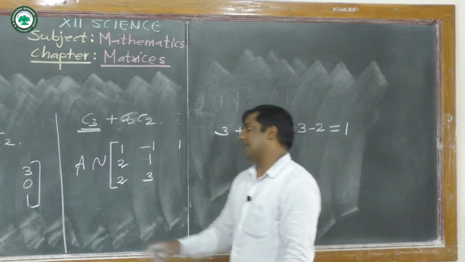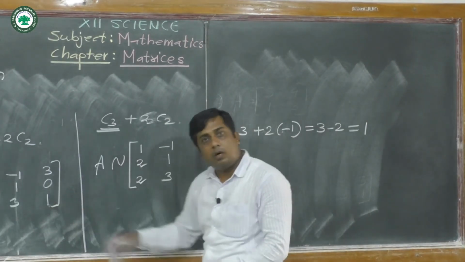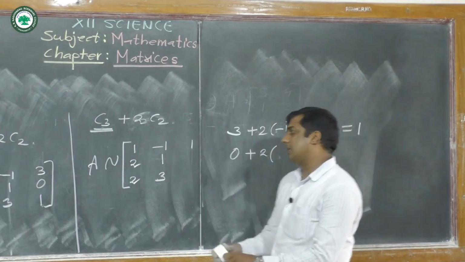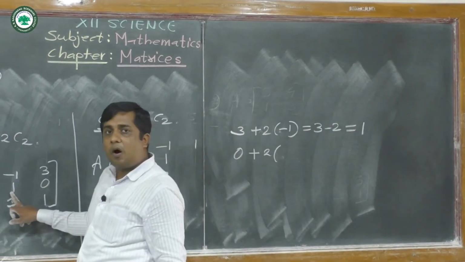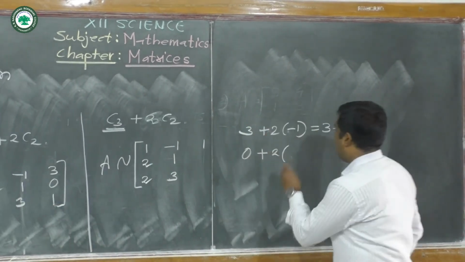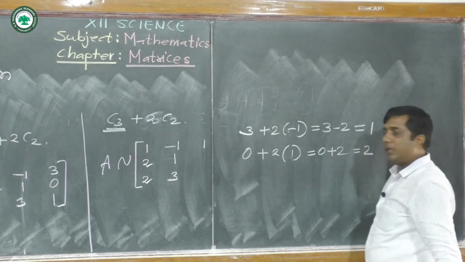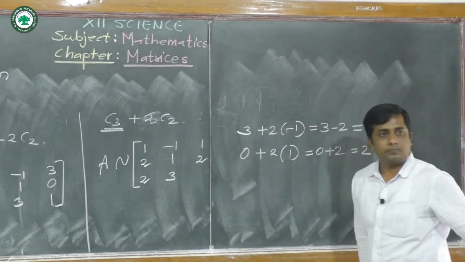Next, we consider the second element from the third column. Here it is 0 plus 2 times the second element of column second, which is 1. We get here 0 plus 2, and we know this is 2. So here the second element is 2.